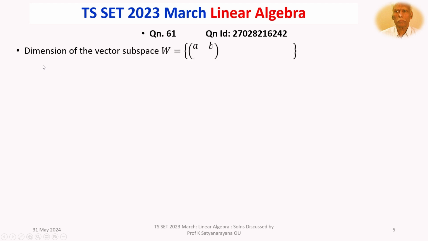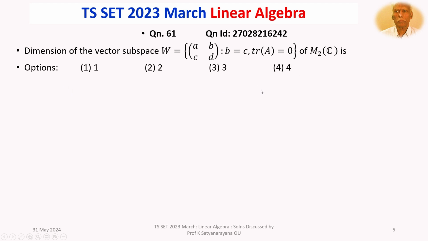The given question is: the dimension of the vector subspace W, equal to the set of all 2 by 2 matrices [A, B; C, D], where B is equal to C and the trace of A is equal to 0, of M2 over C, the set of complex numbers, is. We are given 4 options.